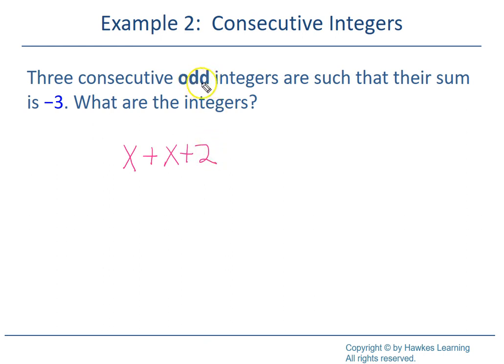And the next odd integer, we said it was x plus 4 from our little table we had here. And the sum of all of these is negative 3. So there's your equation. These are 3 consecutive odd integers because we're defining our first integer as odd.